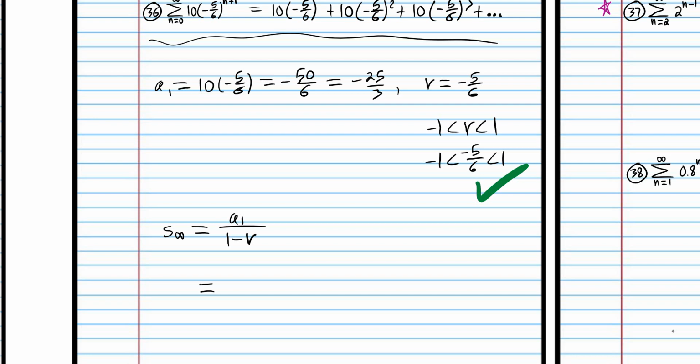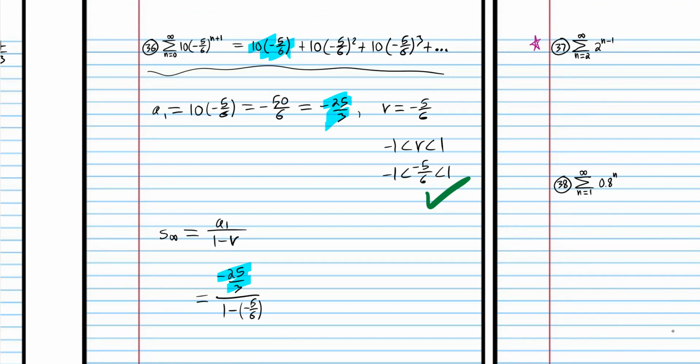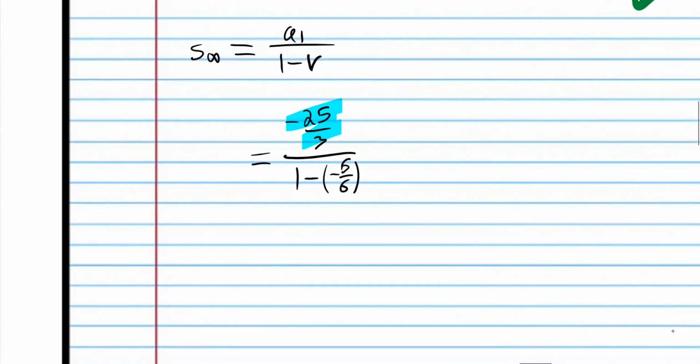And the first term is -25/3. We found that up here. And the common ratio is -5/6. So all we have to do is simplify that.